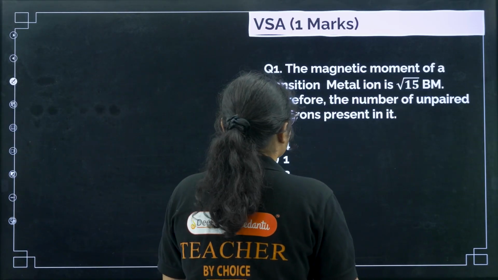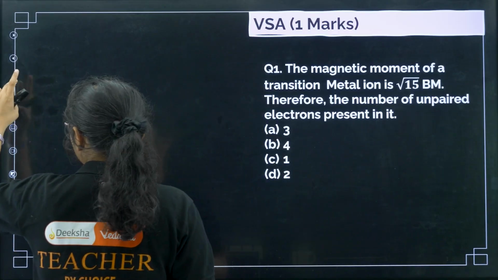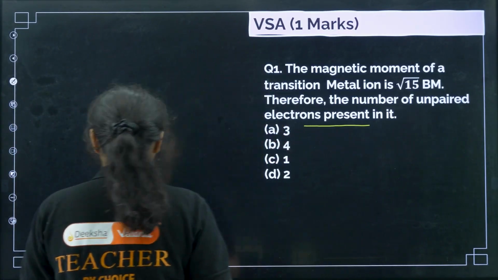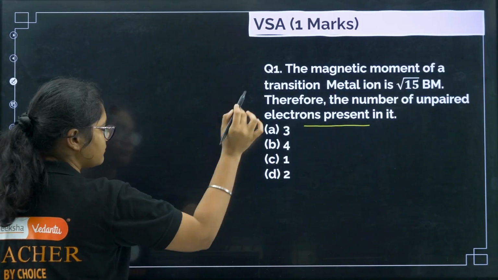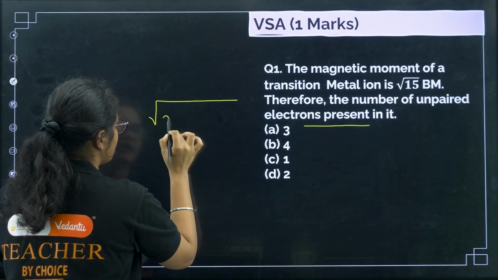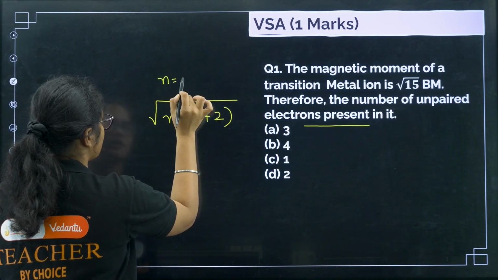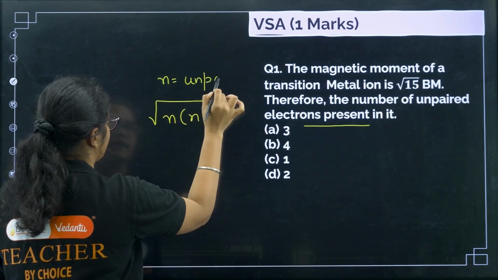The magnetic moment of a transition metal is 15 Bohr magneton. Therefore the number of unpaired electrons present in it is? The magnetic moment formula is root over n into n plus 2, where n is the number of unpaired electrons.